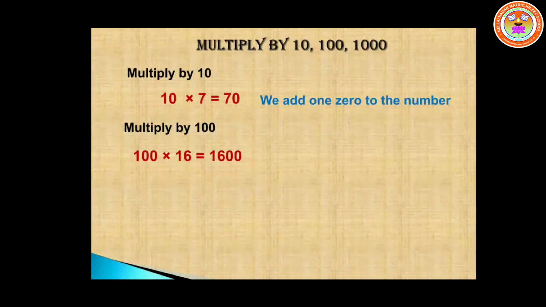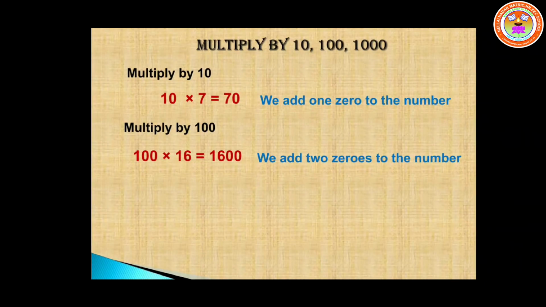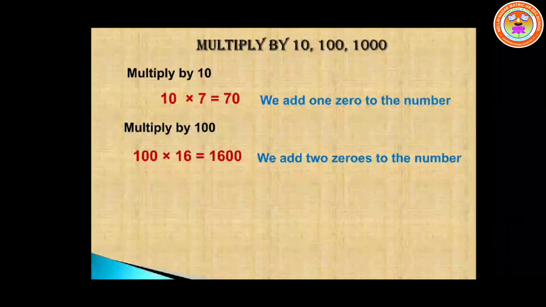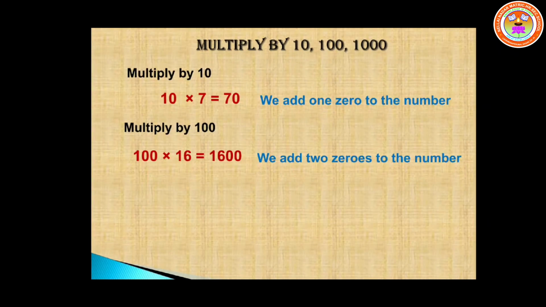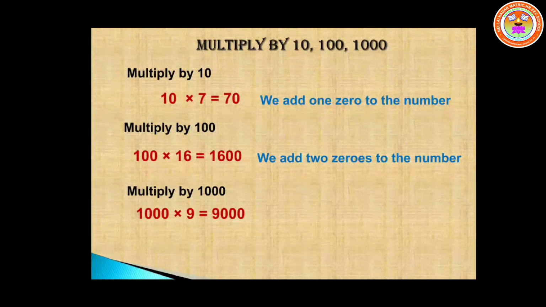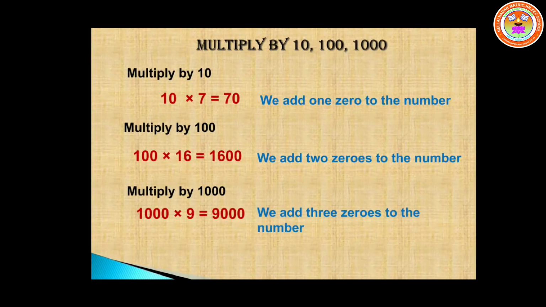So, we add 2 zeros to the number when we multiply by 100. Next, if I multiply by 1000, 1000 multiplied by 9. What happens to 9? 3 zeros are added. So, we add 3 zeros to the number.